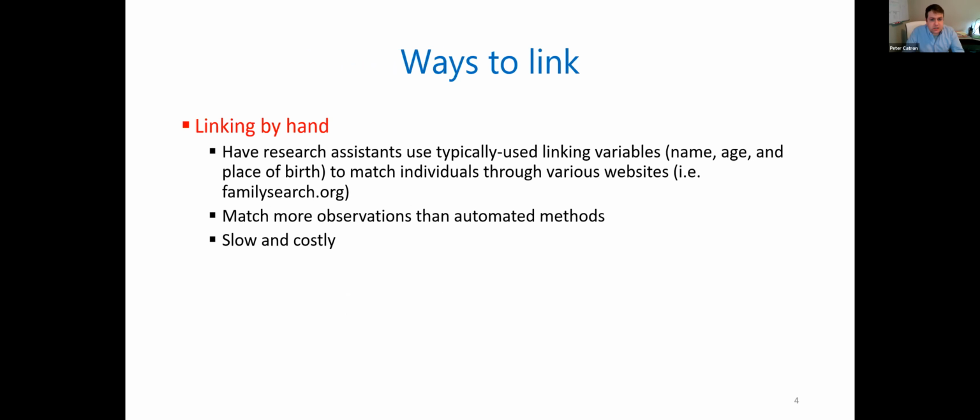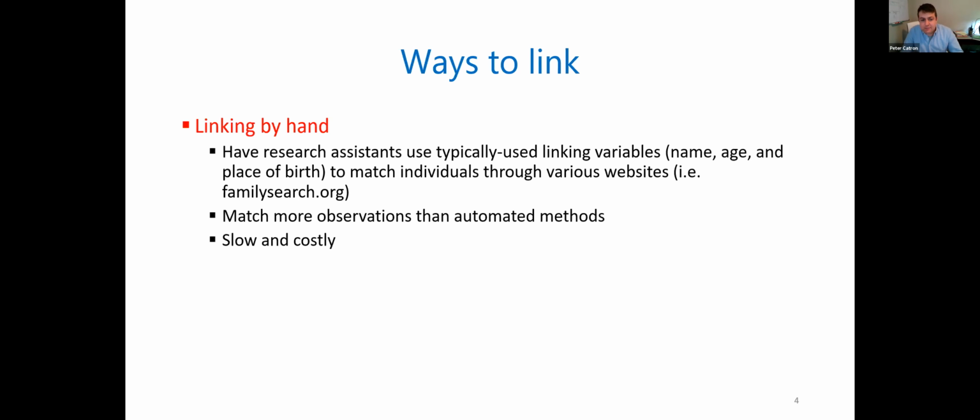Originally, how people tried to do this was by linking by hand. Researchers would have research assistants typically use linking variables, name, age, place of birth, to match individuals through various websites, such as familysearch.org. Even before these websites existed, they did it by hand, using census manuscripts of certain areas, and they'd literally just try to find these people.